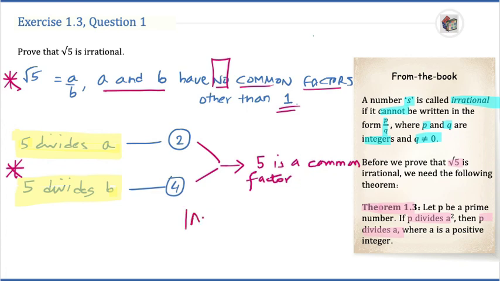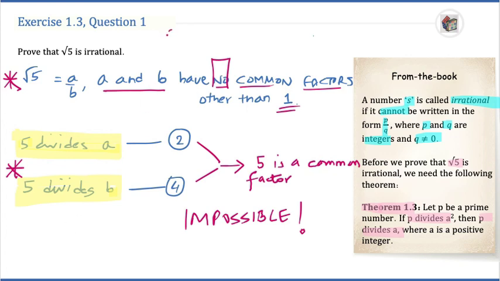But since this is impossible, it means that our assumption in the beginning was wrong. In the language of the NCERT book, we say that this is a contradiction to what we took. It's a contradiction, right? We thought that they have no common factors, we took them that way, but they ended up having common factors. And this contradiction means that our assumption was wrong.